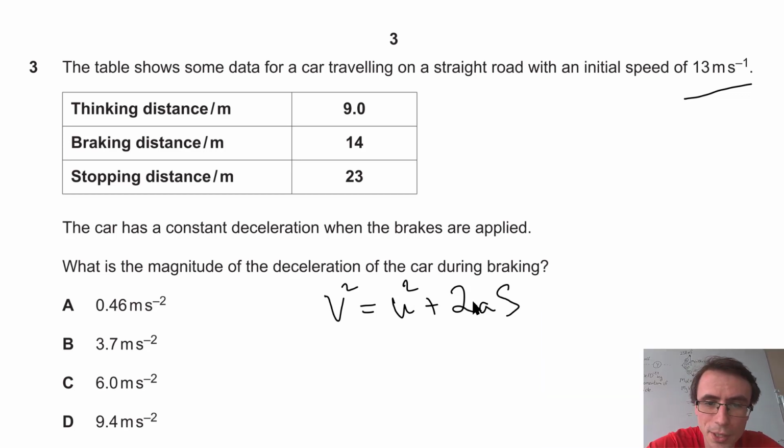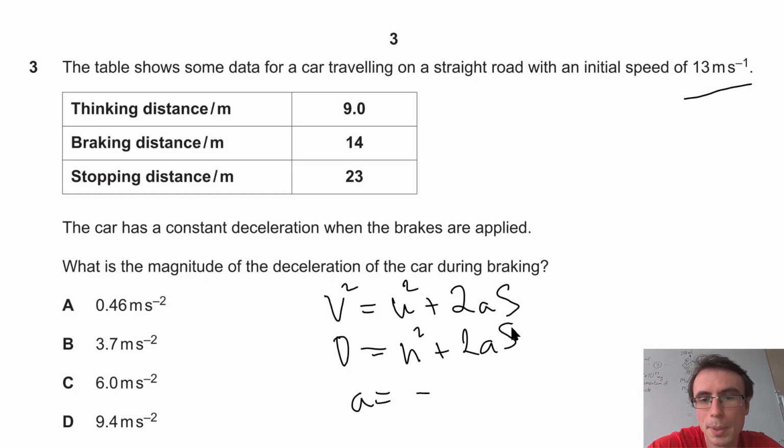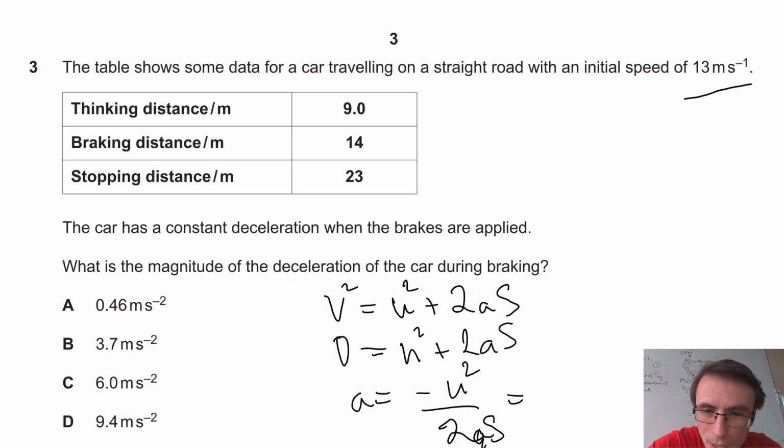So the final speed will be 0, so 0 will be u squared plus 2as. This of course means that the acceleration will be given by minus u squared divided by 2s. So minus u squared is going to be minus 13 squared divided by 2 times 14.